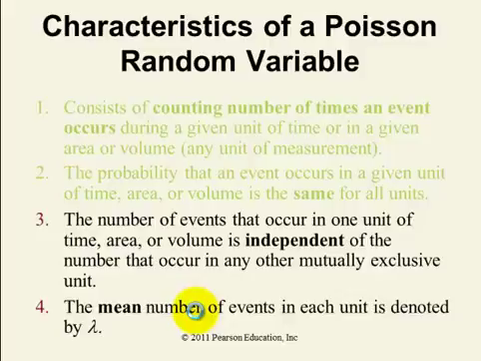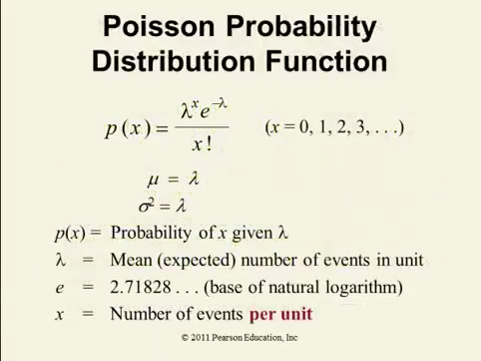All the events are independent, and the mean number of events in each unit of time is denoted by this symbol called lambda. This is the formula used for the Poisson probability distribution, and we see that the main things that we need to know are the mean, which is the expected number of units that's typically given, and then this value x, which is the probability that we're looking for.